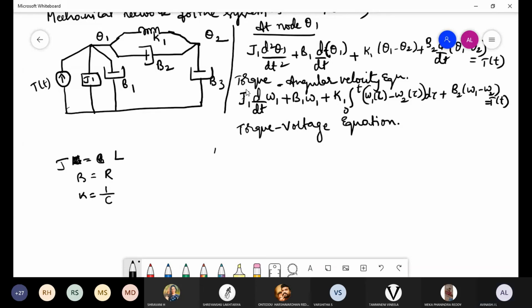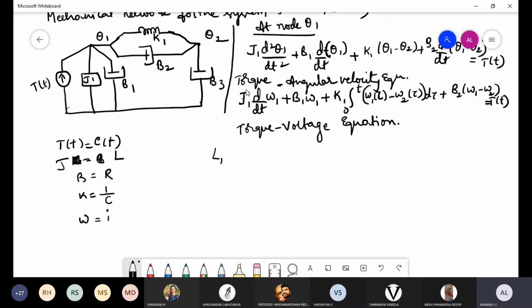So in the torque voltage equation, J1 will be equal to L1. Omega will be equal to current I, and torque T of t will be equal to voltage E of t.